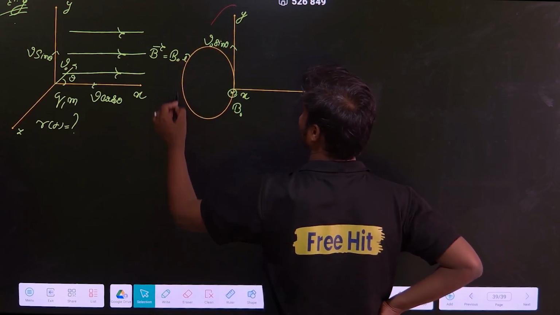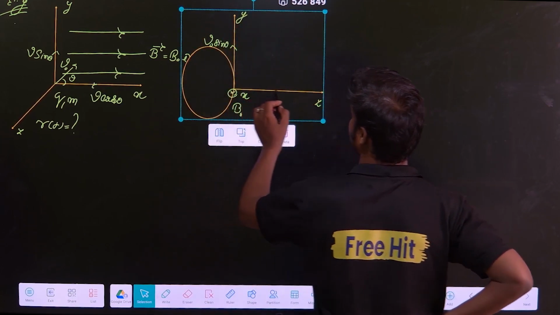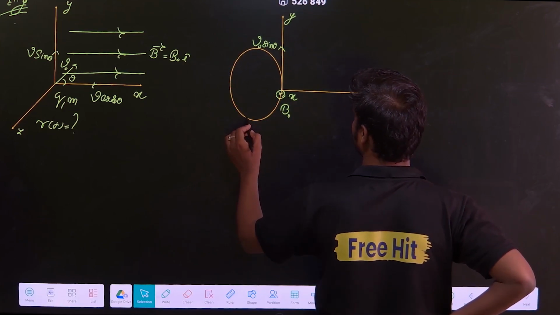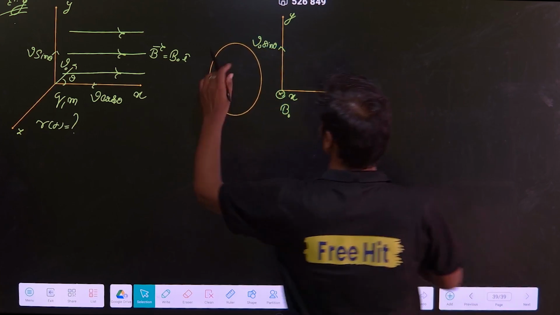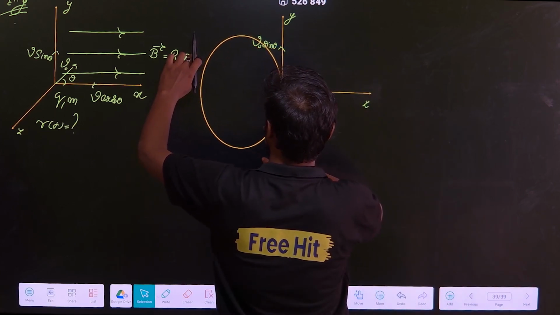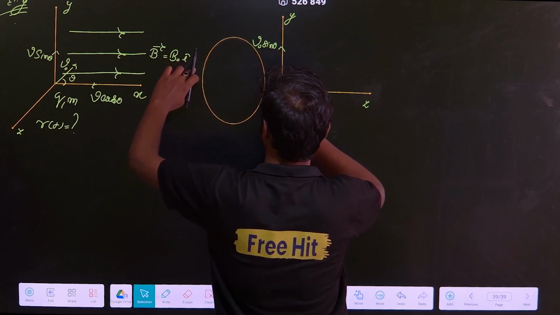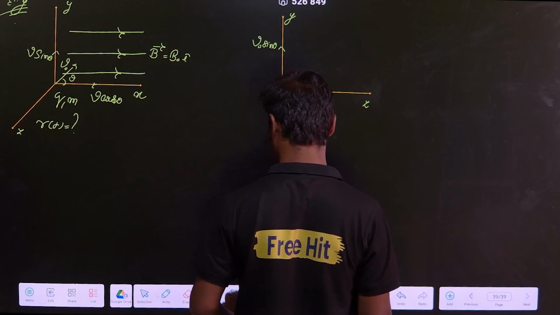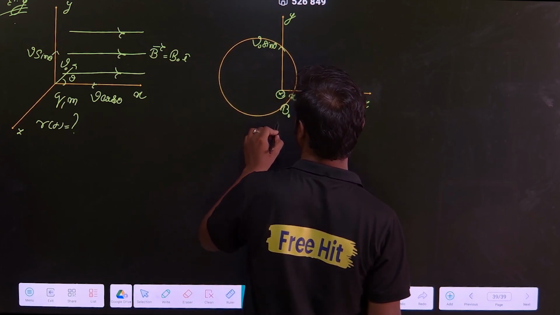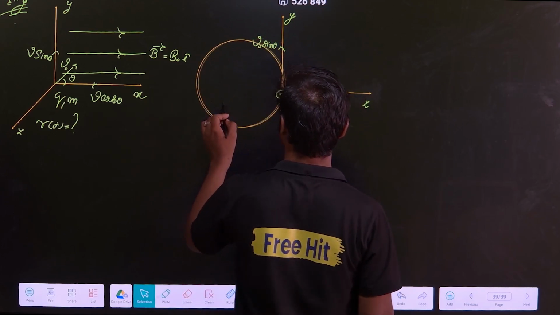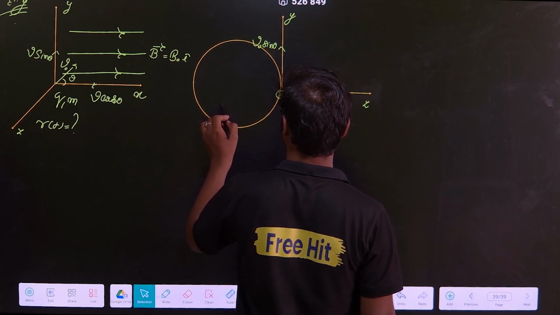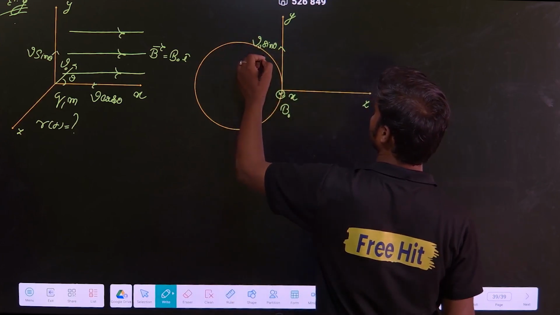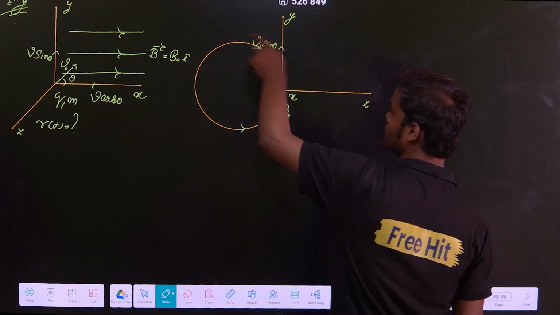Let me draw it a little more properly, a proper circle, so that you will consider it as circular motion. So it is going to do a circular motion like this. It is going to rotate like this.